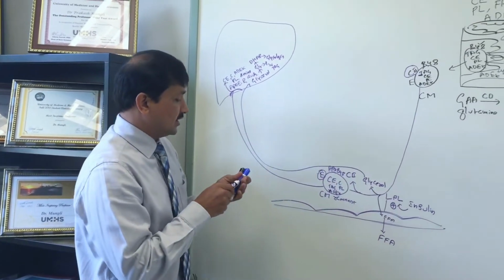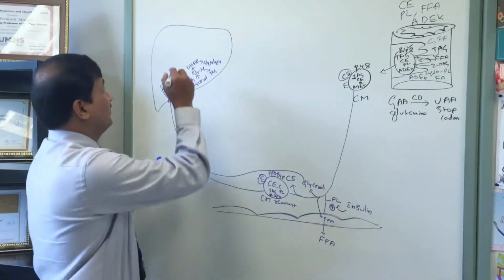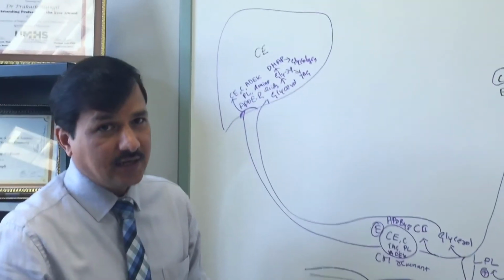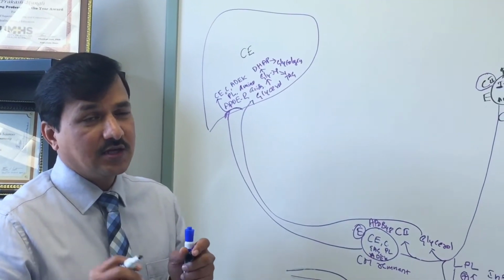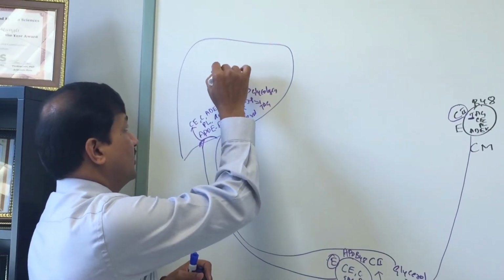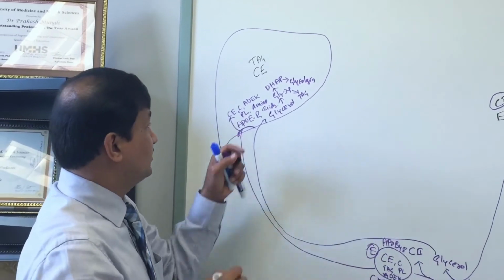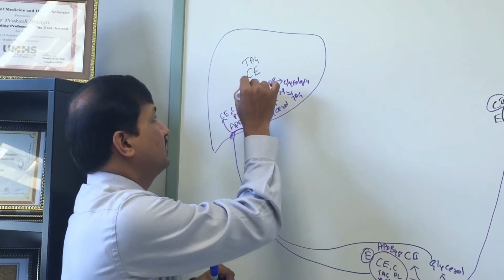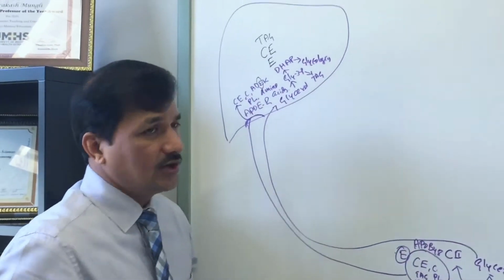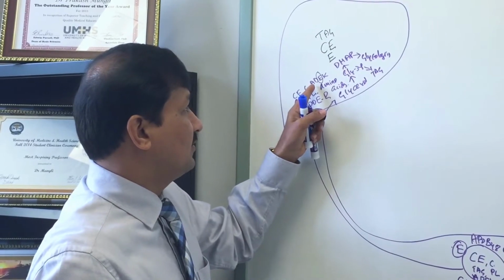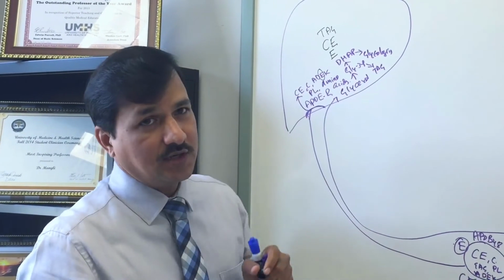Whenever there is an increase in the synthesis of cholesterol, it is converted to cholesterol ester in the liver by the ACAT enzyme, that is acyl-CoA acyltransferase, and you make triacylglycerol under fed condition. Then vitamin E comes in, because vitamin E needs to be transported out by VLDL, whereas the other fat soluble vitamins A, D and K have separate transporters.